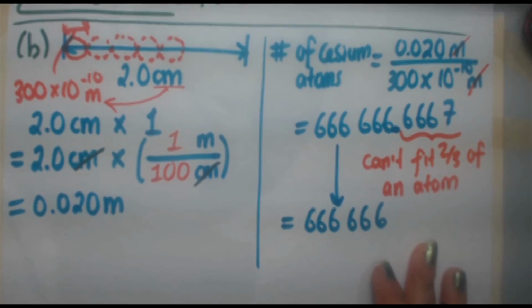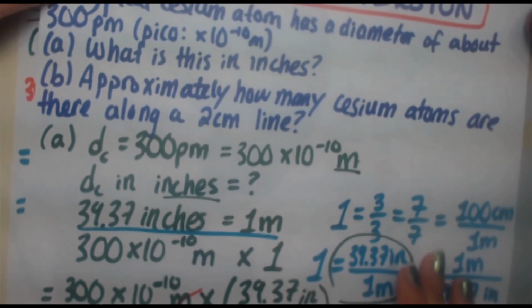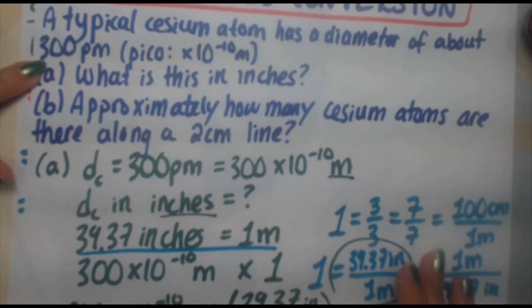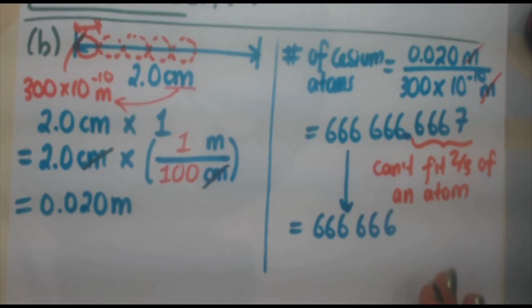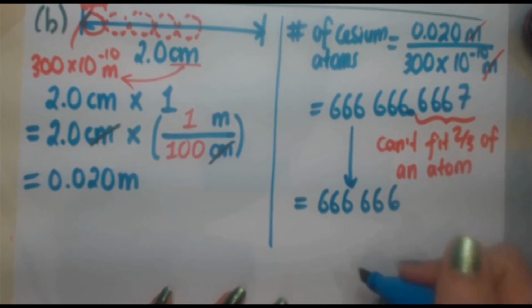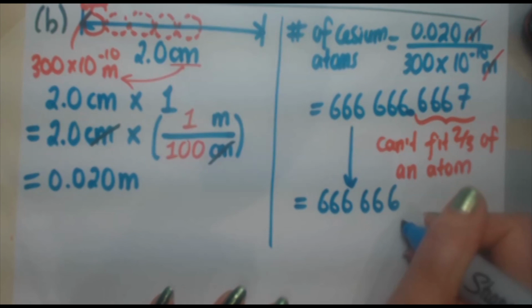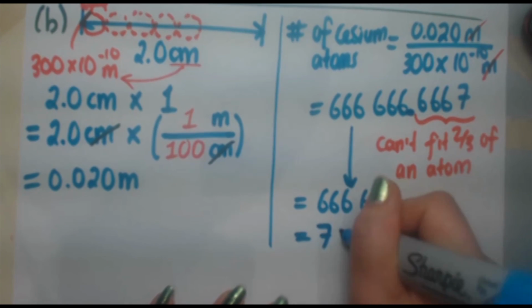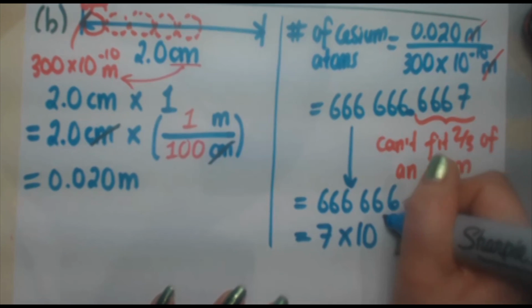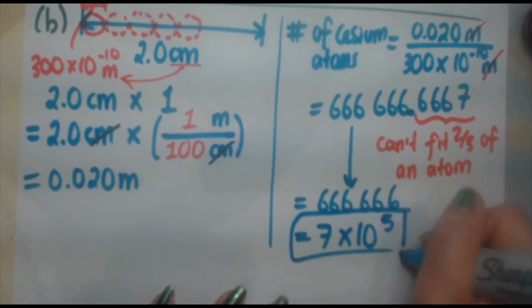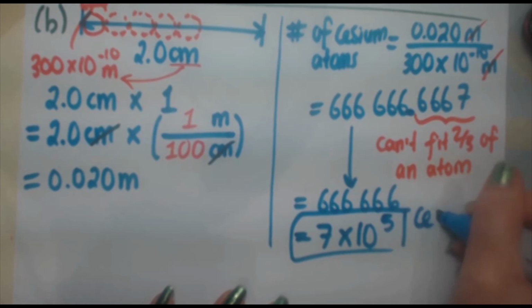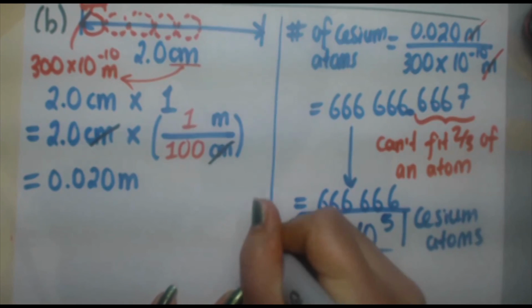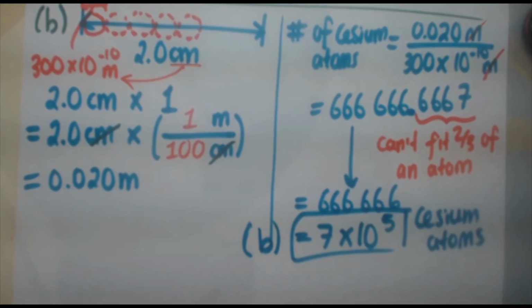Again, it's those sig figs. Remember, the original question has 1 sig fig, therefore your answer must also have 1. So 666,666 rounded to 1 sig fig is 7 times 10 to the 5. This is how many cesium atoms can fit along a 2 centimeter line, thereby answering part B.